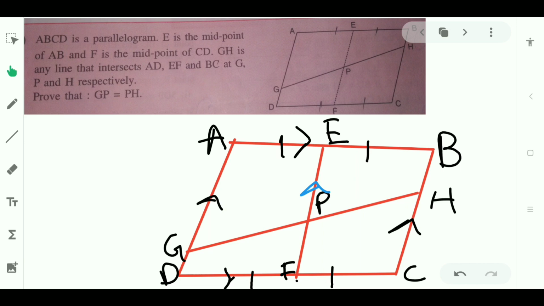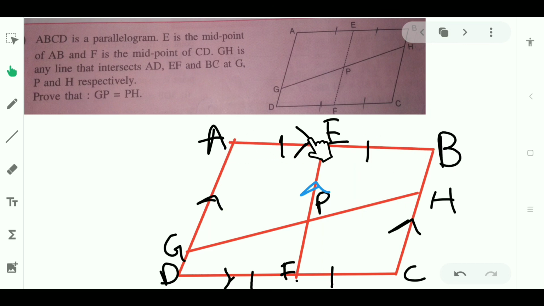But line AB makes equal intercepts. You can see over here, as these three lines are parallel, and if we extend each one, AB will be acting as a transversal, and AB made equal intercepts. As E is the midpoint, AE is equal to EB.